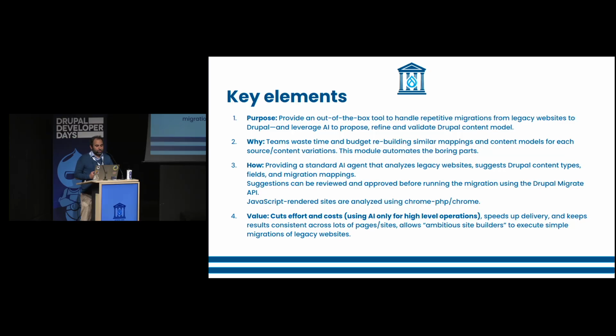The value is that it reduces migration effort and cost by using AI only for high-level analysis. This is crucial because we don't use AI for each piece of content; if we are analyzing 1,000 pieces of content, maybe the cost is very high. So this module uses AI only for high-level analysis, speeds up the delivery, and ensures consistency.